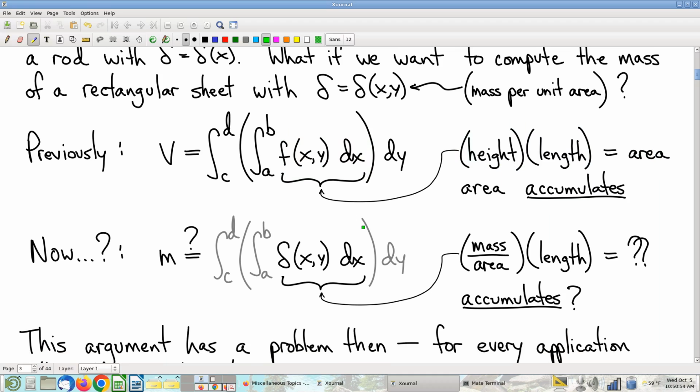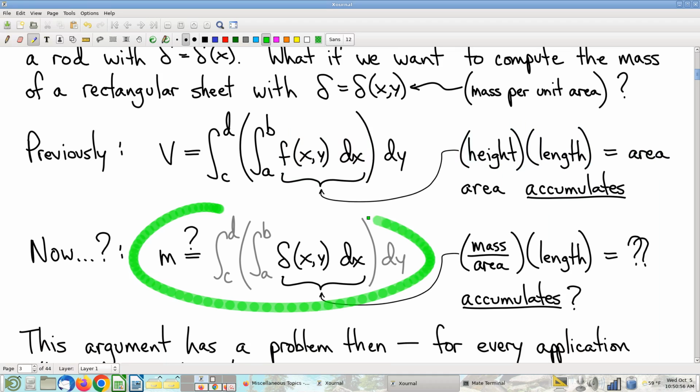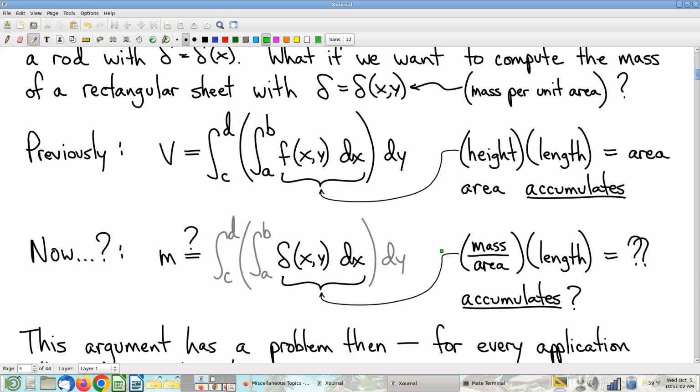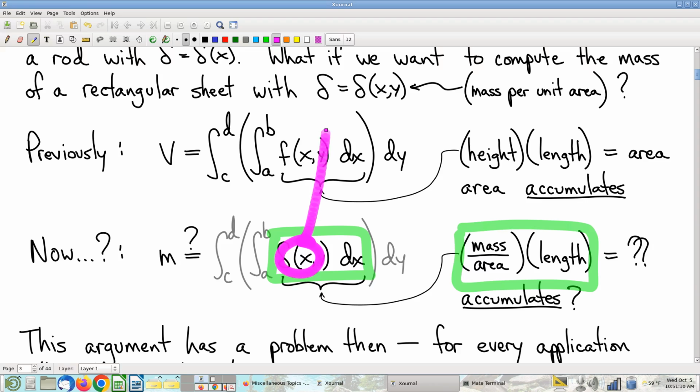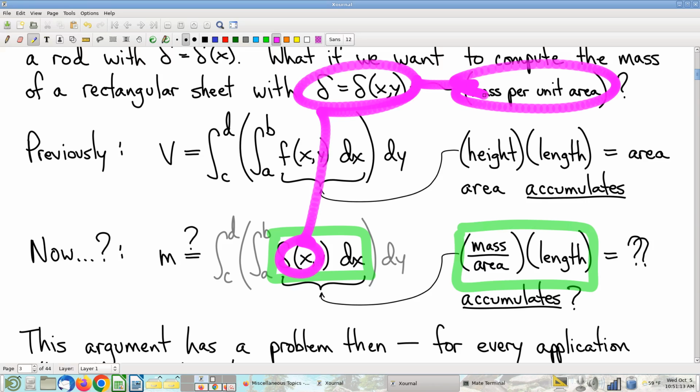This is kind of what you would expect the answer to be. So, okay, well, what is this? Well, I've got density times length, but don't forget the density is mass per unit area.